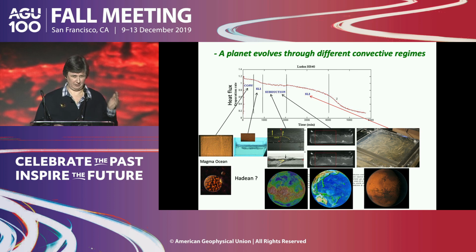From a hot beginning and a hot magma ocean, a planet is going to undergo several regimes, and if we look at the different planets of the solar system, we probably have different snapshots of those different regimes, from subduction and plumes to plate tectonics and plumes and to stagnant lid. So if we want to learn about the history of our planet, it could be really interesting to look at other planets, what they are doing right now.